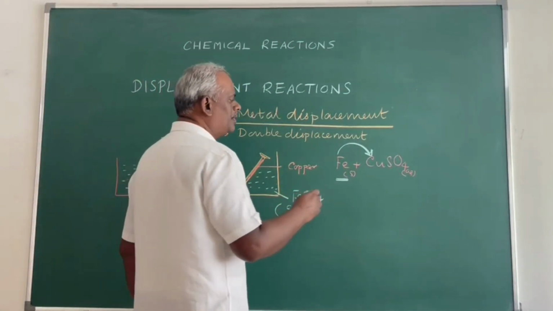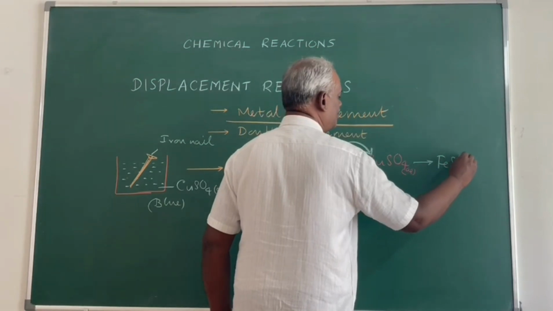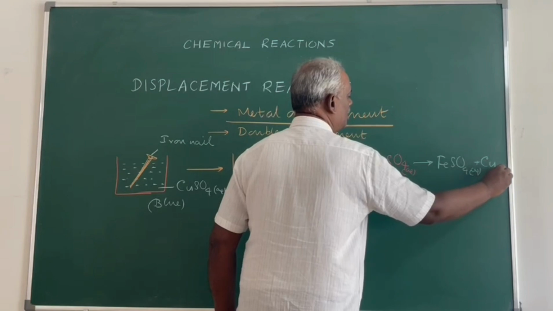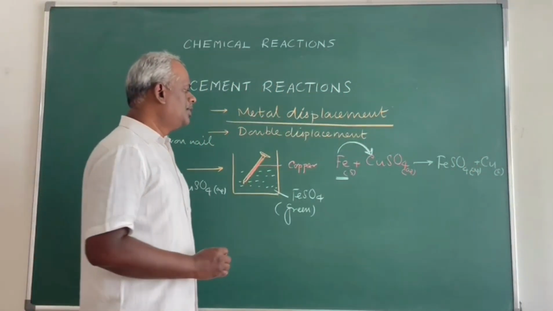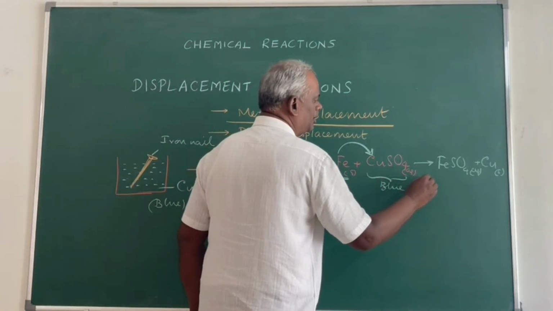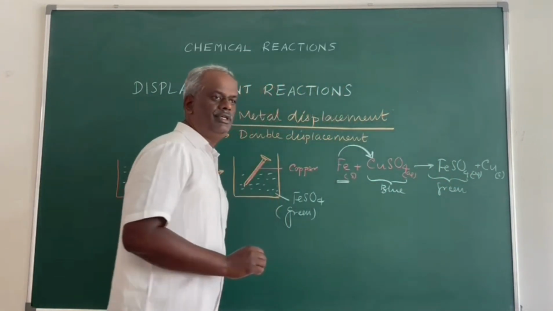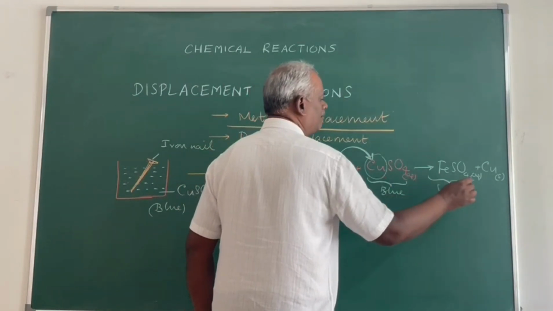Due to this displacement, we will have ferrous sulfate, aqueous, and copper is being released from the copper sulfate. Due to this, the originally taken blue color solution is changed into green due to the formation of ferrous sulfate.